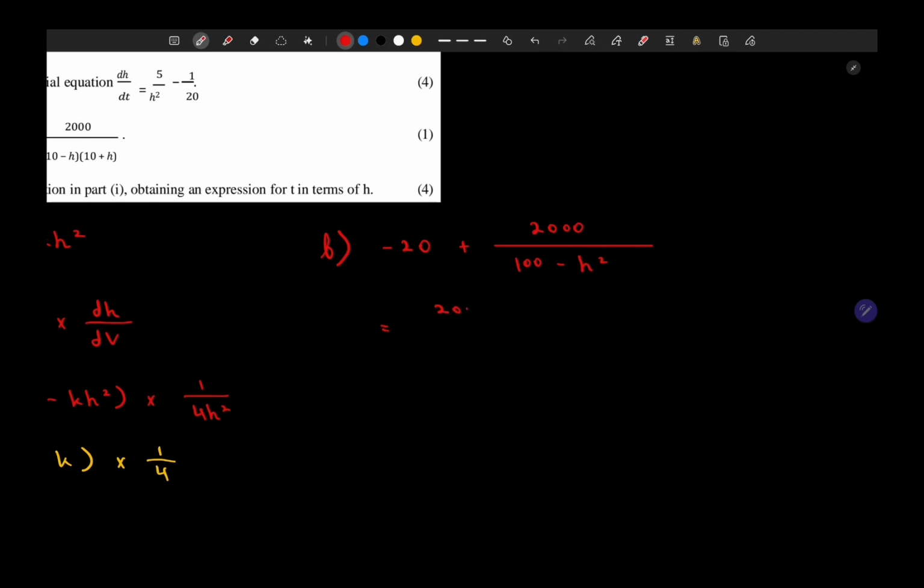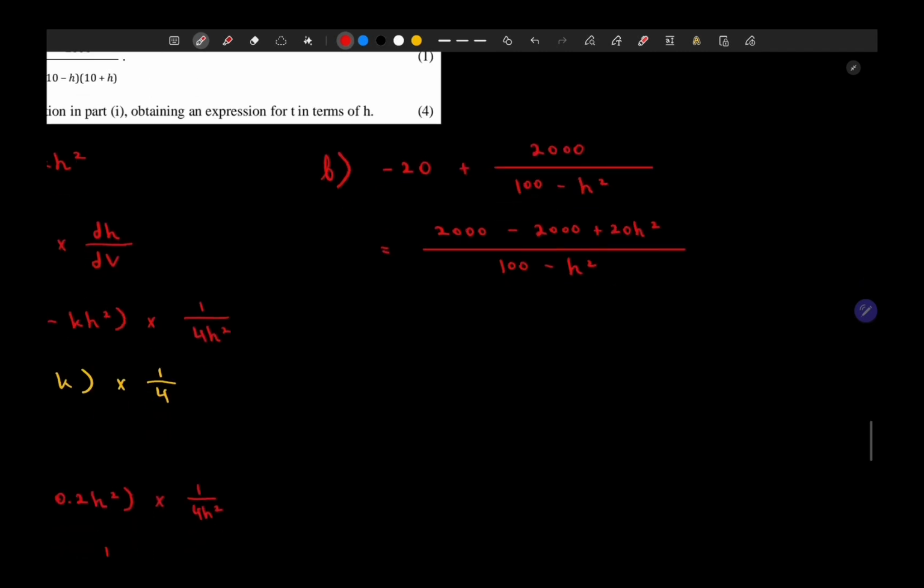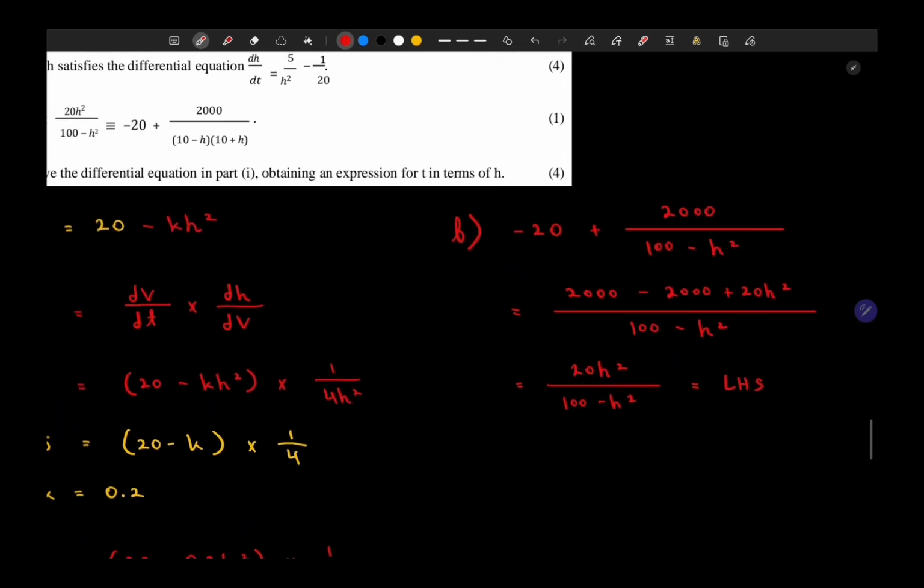So this is equal to negative 2000 plus 20h squared... divided by 100 minus h squared. So this is equal to 20h squared divided by 100 minus h squared, which is equal to the left hand side. So that is it for this part.